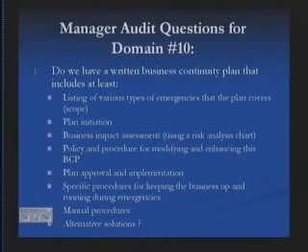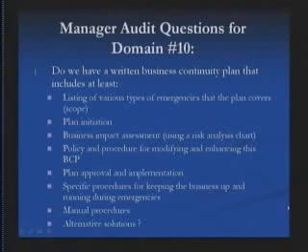And then what is our policy and our procedures for modifying and enhancing this business continuity plan? Who is responsible for plan approval and implementation? And then specific procedures for keeping the business up and running during emergencies. And then what are the manual procedures and alternative solutions relative to business continuity?